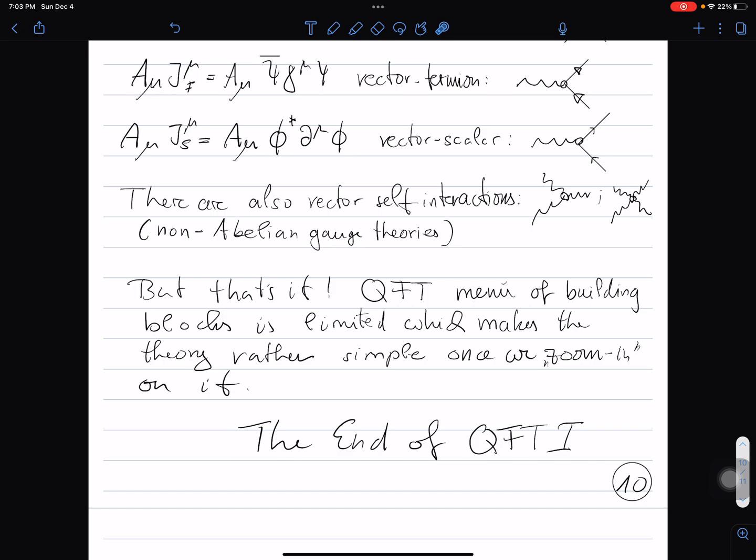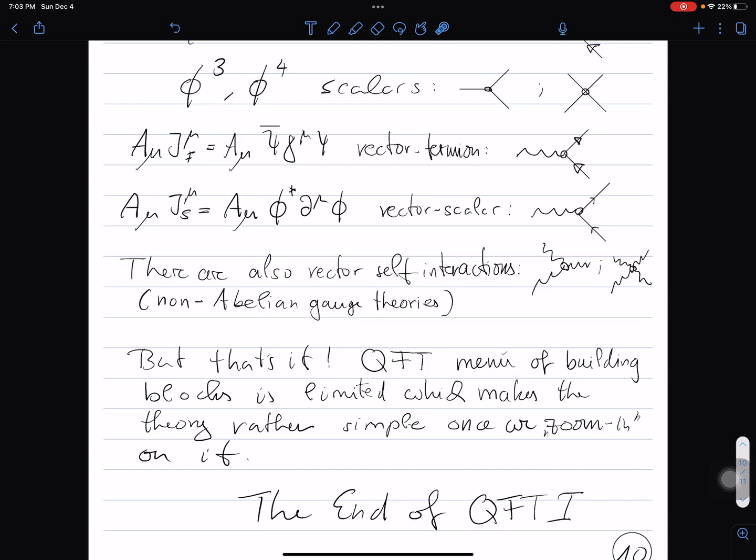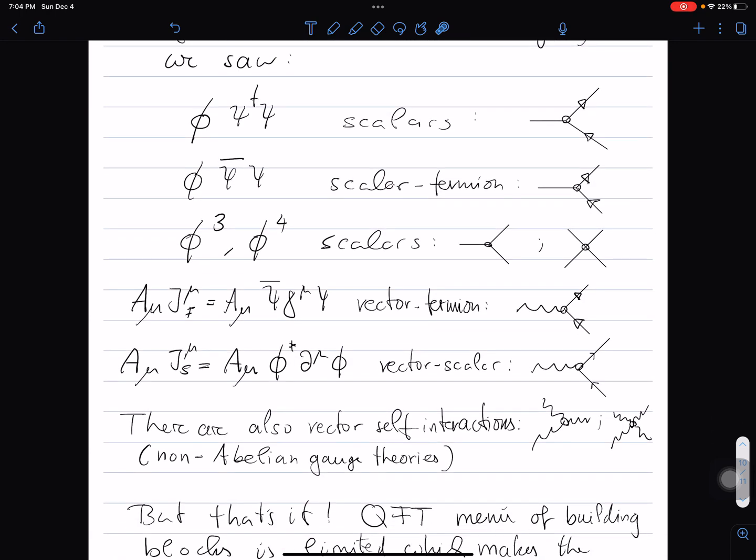But now we see that the QFT menu of our Lego building blocks is actually quite small. As soon as we move beyond effective theories and resolve the fundamental interactions, we see those interactions that are relevant for a long range of energies, above the effects of complex fields interacting with each other in a non-perturbative way, such as QCD, the strong interaction of nuclei.